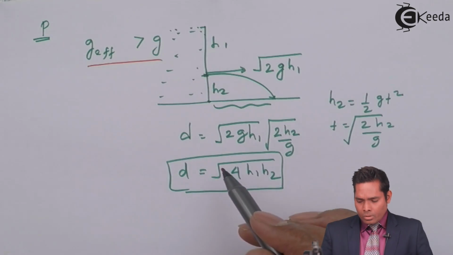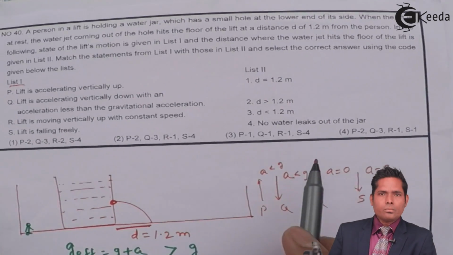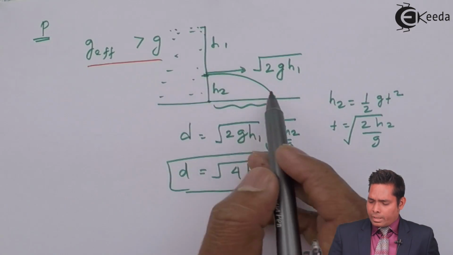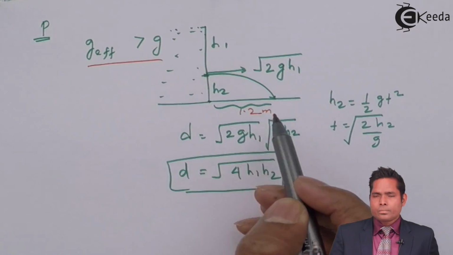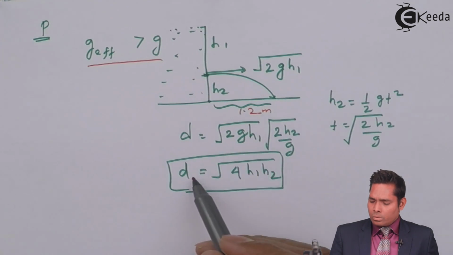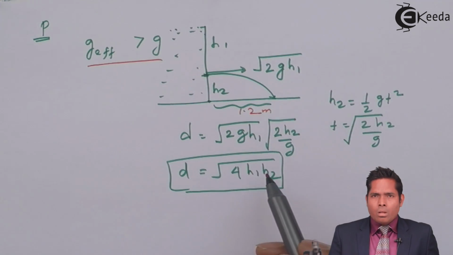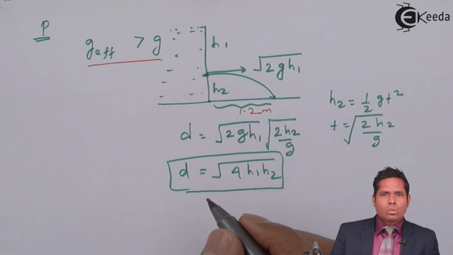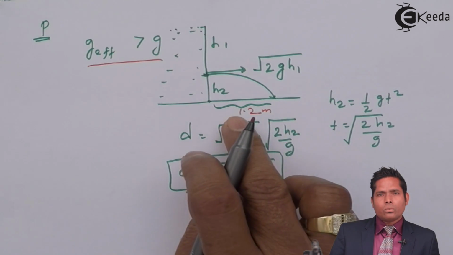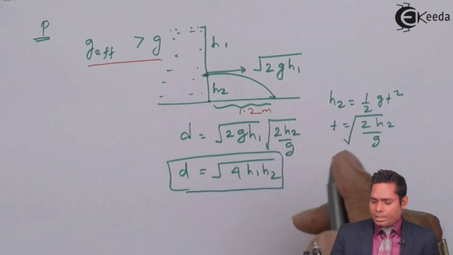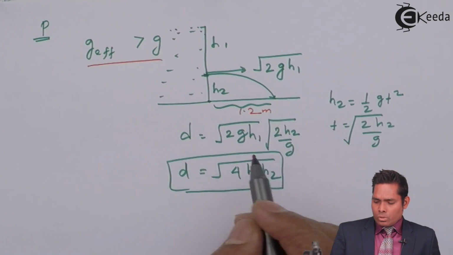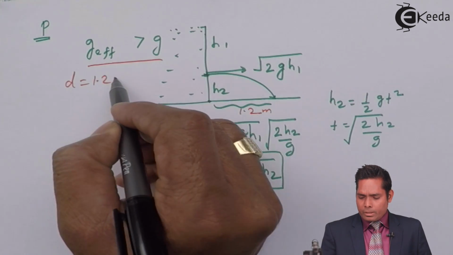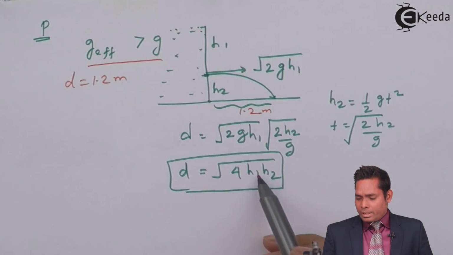As initially, when it is at rest, it falls at a distance of 1.2 meter, now also it will be at a distance of 1.2 meter because it is independent of g. So in case P, the distance d will be 1.2 meter because this expression doesn't contain g.